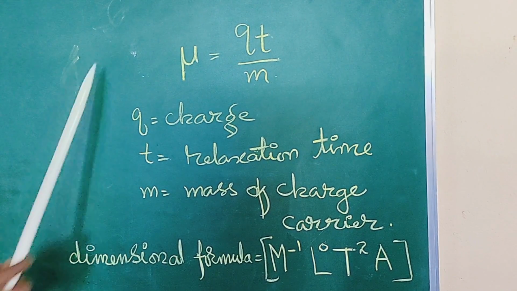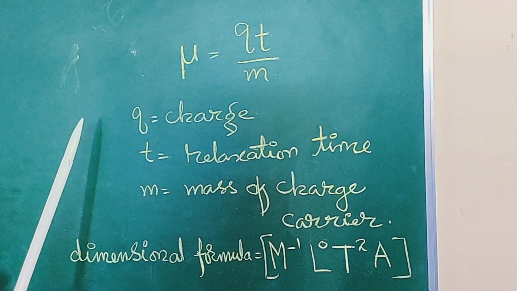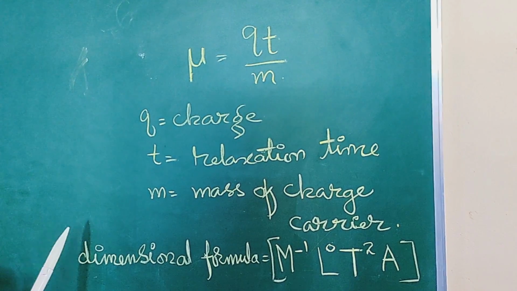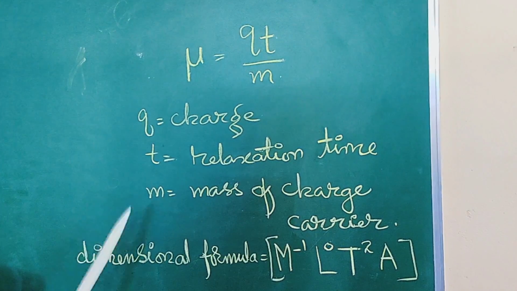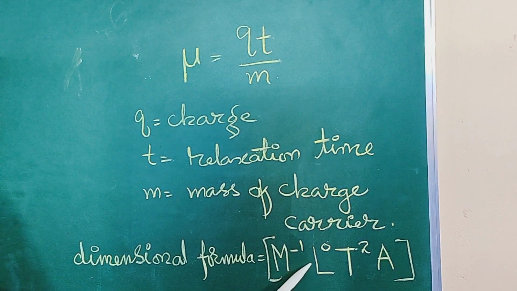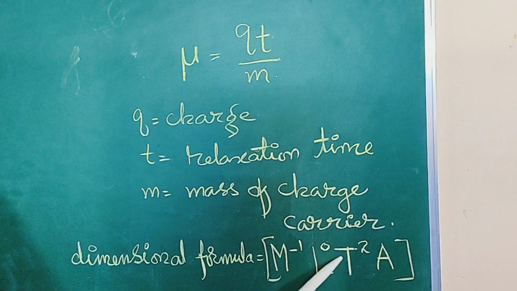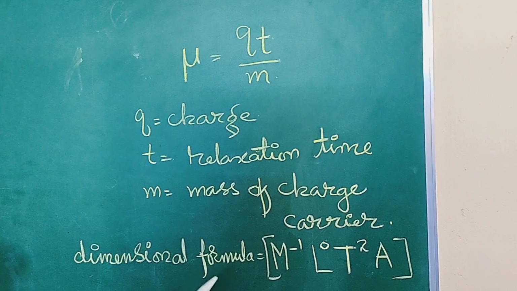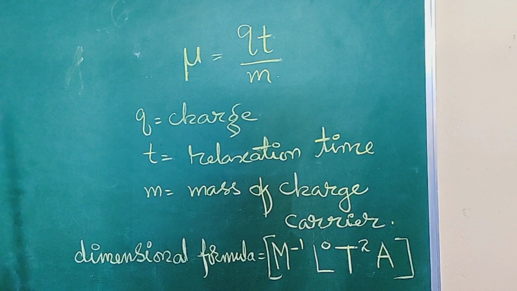So we can calculate the mobility in that way. It has a specific dimension formula: mass inverse, length naught, T square and A. This is the important dimension formula for mobility.